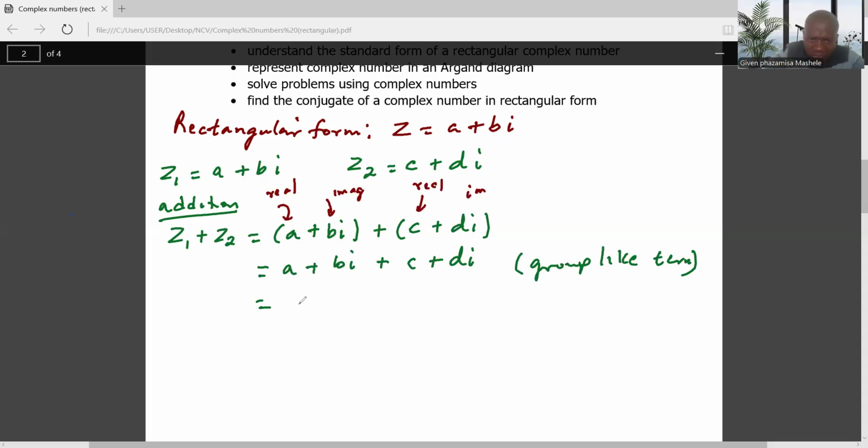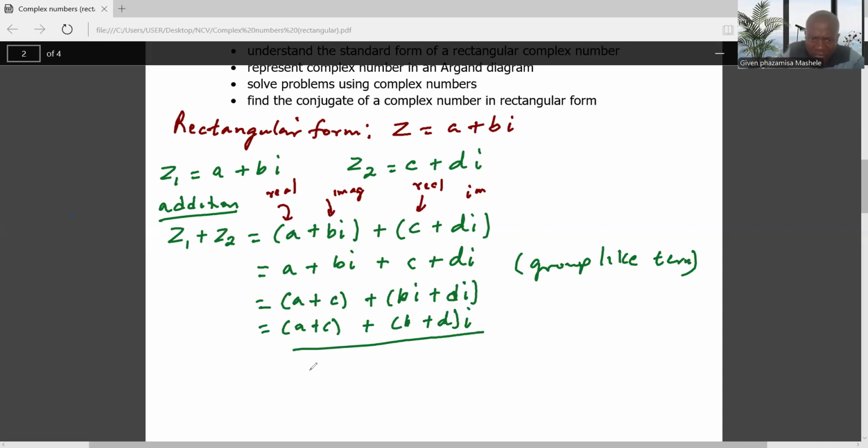This will be (a plus c) plus (b plus d) times i. You see that now this is the real part and this is the imaginary part. So when we are adding, we can just combine the real parts and the imaginary parts together.